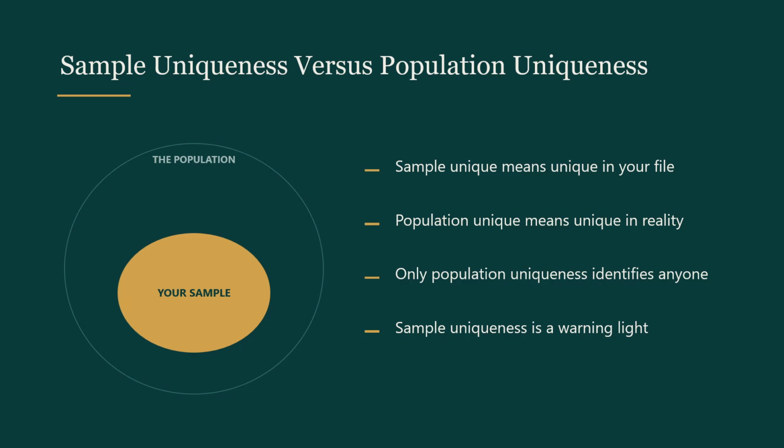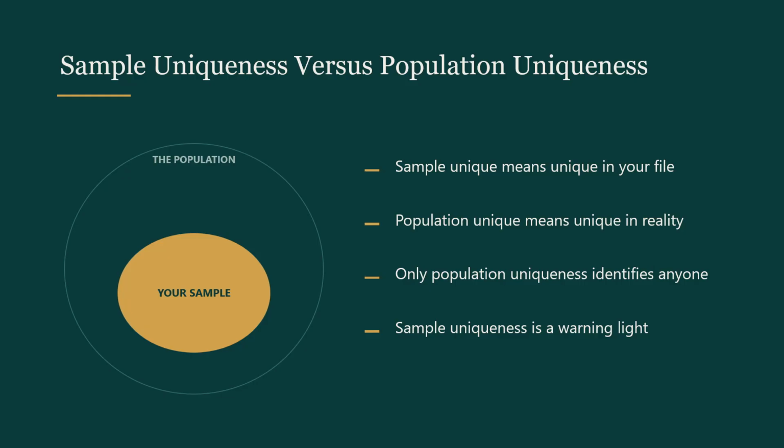So define the terms precisely. A record is sample unique if its quasi-identifier combination occurs exactly once in the released dataset. It is population unique if that same combination occurs exactly once in the underlying population. Population uniqueness implies sample uniqueness.